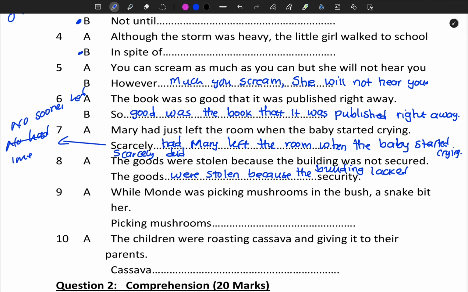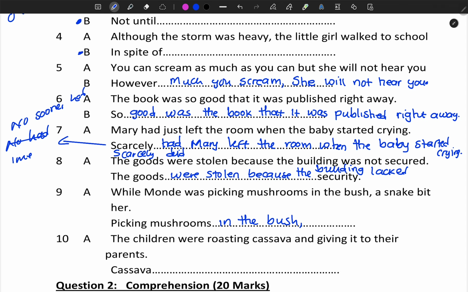While Monde was picking mushrooms in the bush, a snake bit her. Whenever you have ing, we need to have a comma, and the first part should be a phrase. A phrase is a sentence where you don't mention the doer of an action. So picking mushrooms in the bush, comma. We have not mentioned the doer of the action here. So that's what you're supposed to do. But not always.